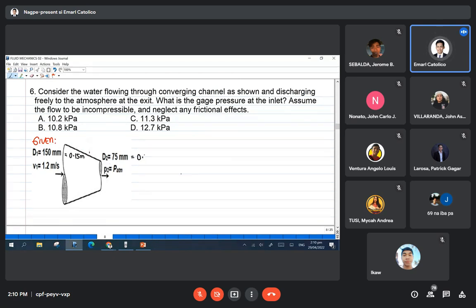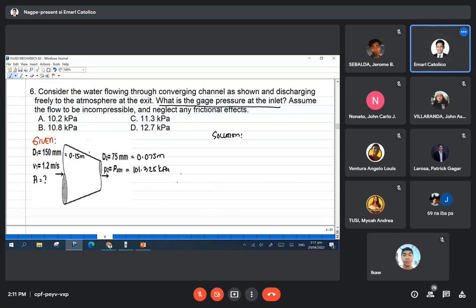Convert natin. So 0.075 meters. Then pressure 2 natin or pressure at exit is pressure atmospheric or 101.325 kilopascal. So ang tinatanong dito is what is the gauge pressure at the inlet? So P1 yung nawawala.